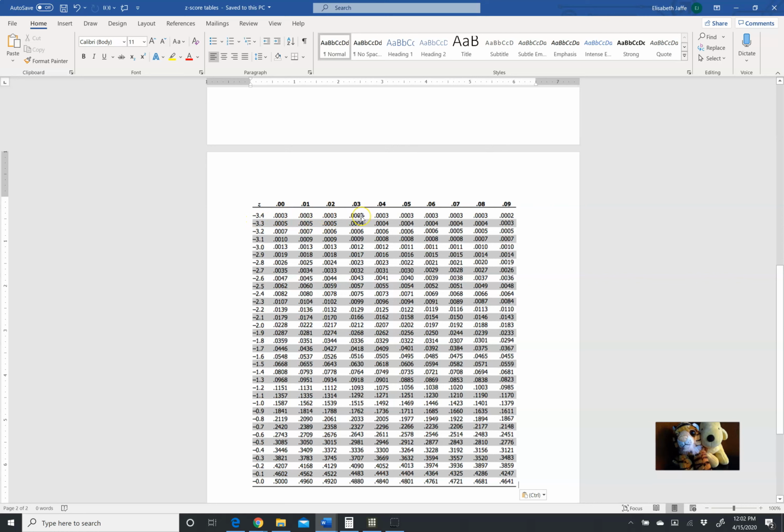Over here, this would be negative 3.43, negative 3.44, negative 3.45. If we go down here, this is negative 2.5 right here. This is negative 2.51, negative 2.52, negative 2.53, all the way up to negative 2.59. Over here, we have negative 0.1, and this is where we want to be.